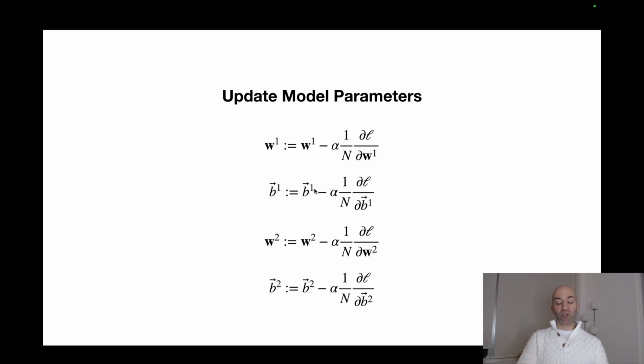So in essence, we update our weights and our biases by the average of the computed derivatives over the data that we have in the current batch. So just keep that in mind. That's how it works. And of course, we also multiply in our learning rate, alpha, and that again is just meant to ensure that we are not taking step sizes that are too big.